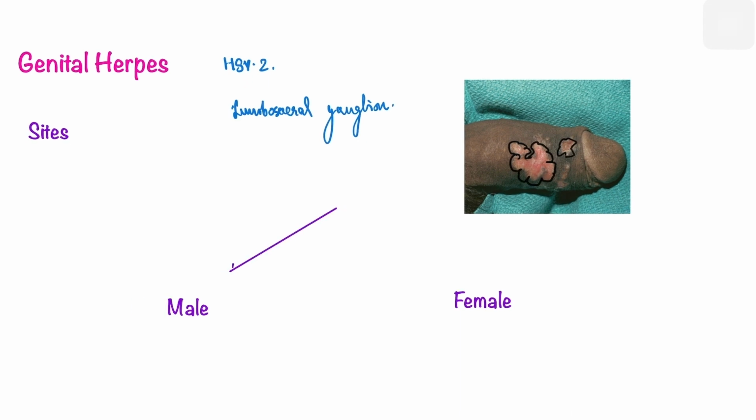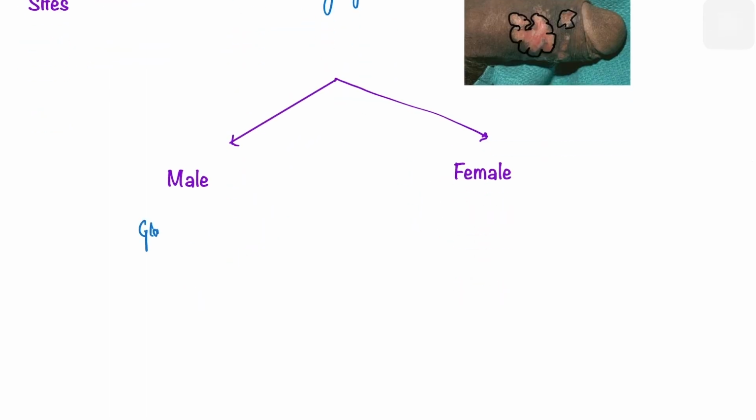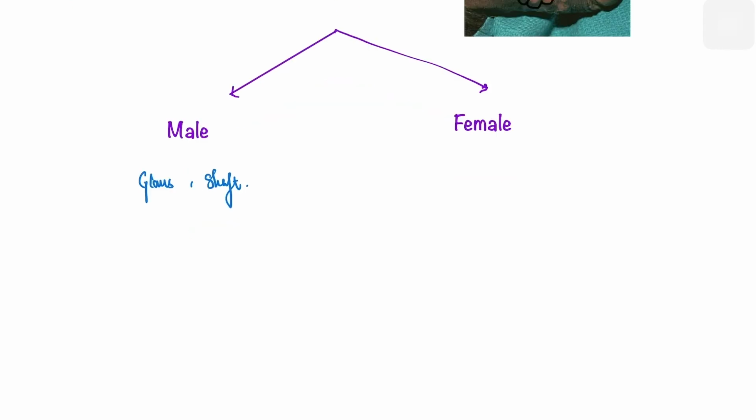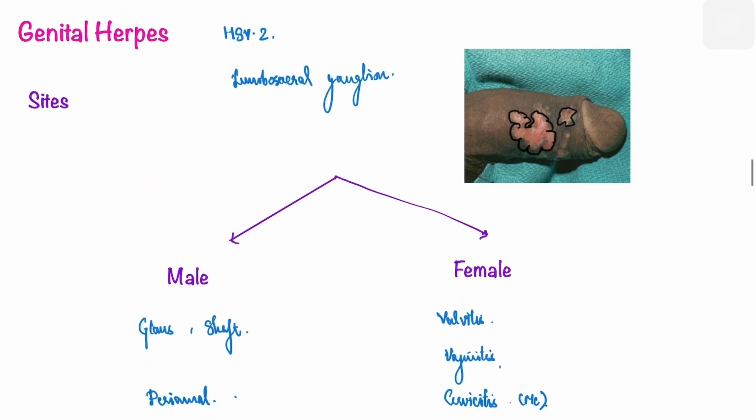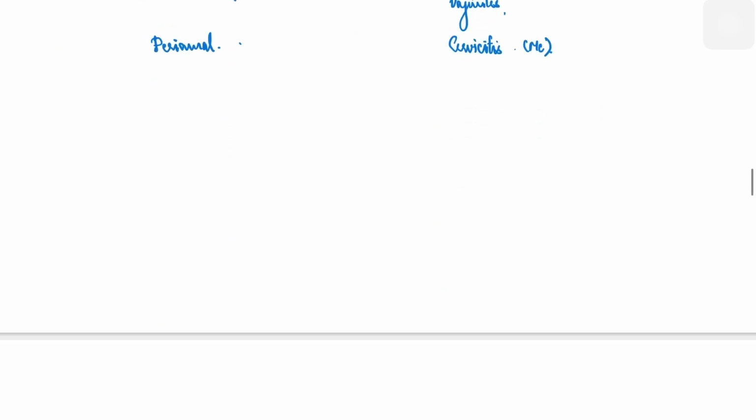The sites in males could be the glans of the penis or the shaft of the penis. In patients who are homosexual or who had contact with other males, they can get infections around the rectal and perianal area. In females, mostly they occur in the vulva, called vulvitis, then vaginitis and cervicitis, and cervicitis is more common. So this is about genital herpes.